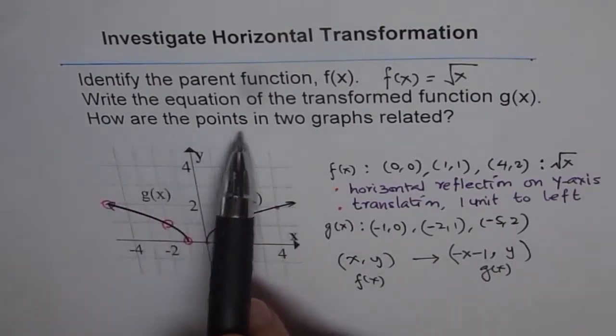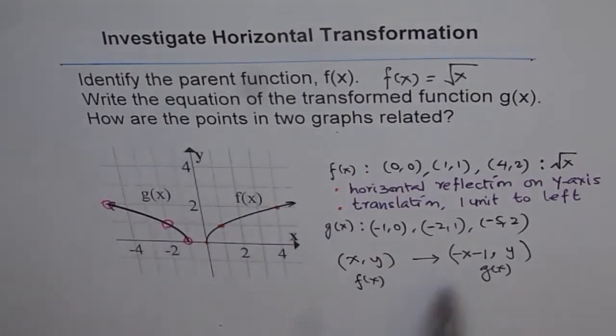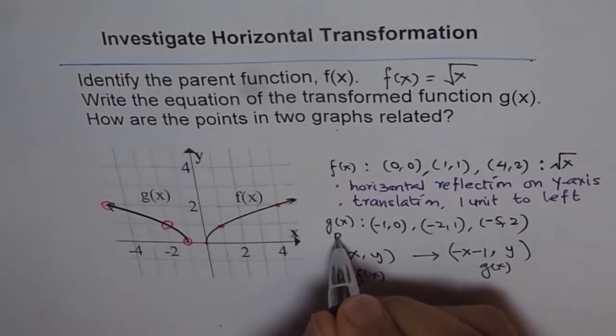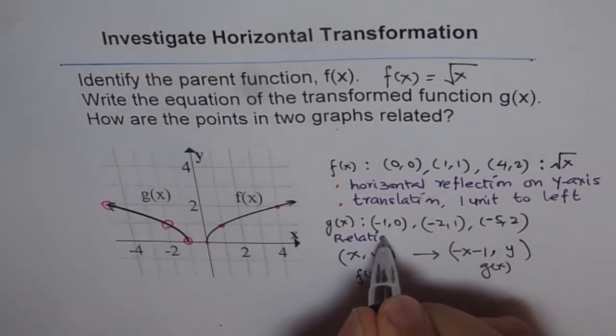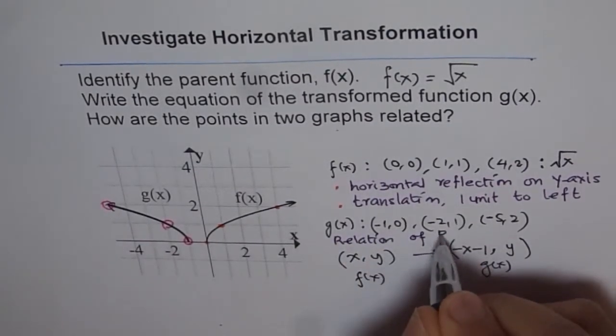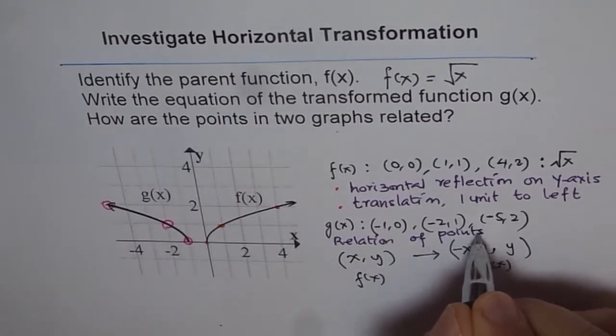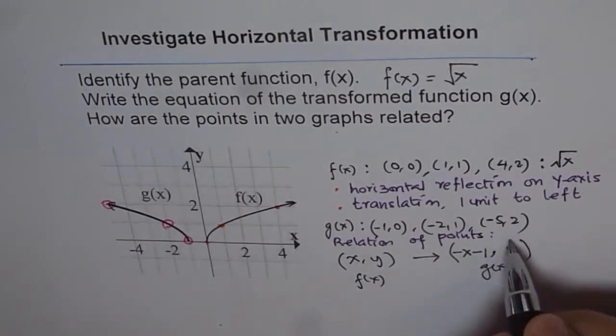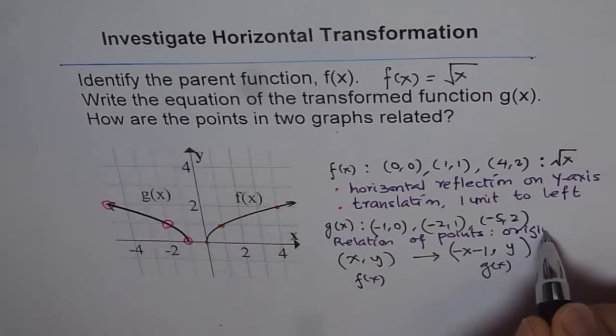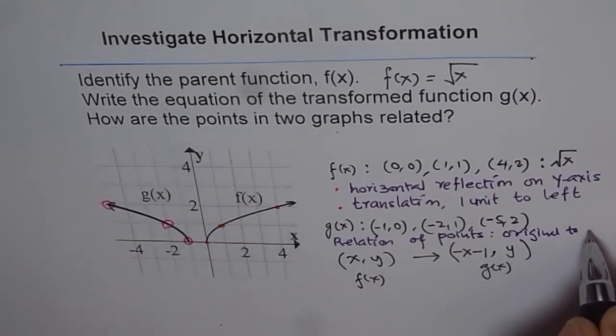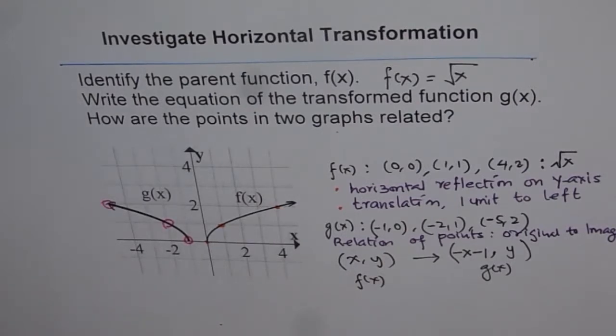So how are the points in two graphs related? That is the relation of points on the original function to the image, the transformed function.